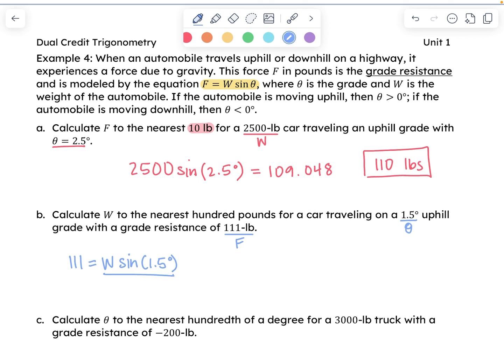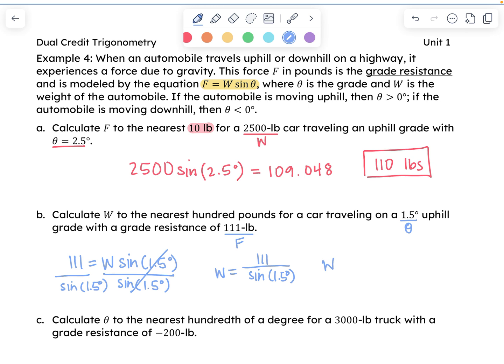I'm going to divide both sides by that sine of 1.5 degrees. Over here it cancels. So W is going to equal 111 divided by the sine of 1.5 degrees.